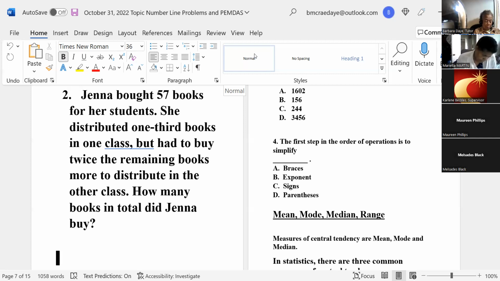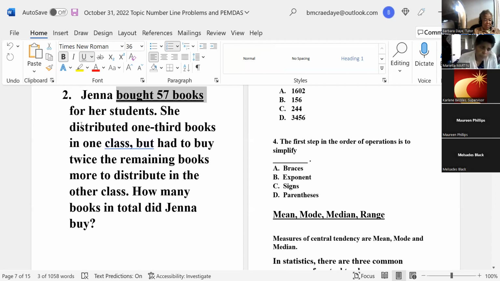About 57 books. Did you underline the 57? Yes, Miss.